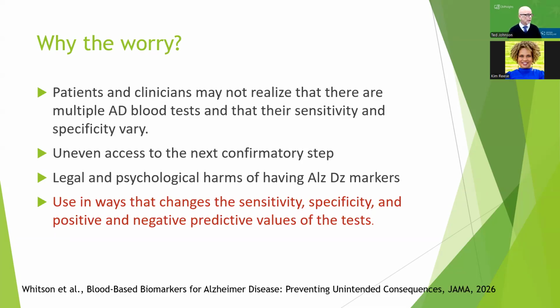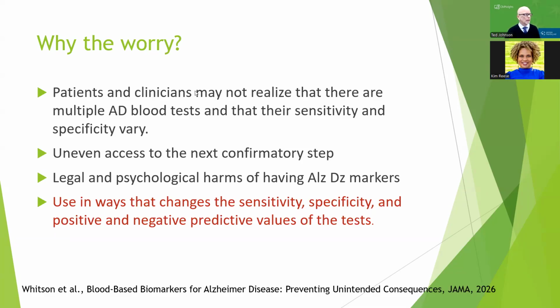But I wanted to focus on the last part of Dr. Whitson's and partners' editorial, that the use of these tests in ways that the sensitivity and specificity might be changed is a really important thing to recognize.